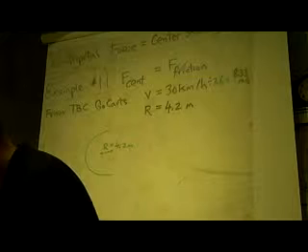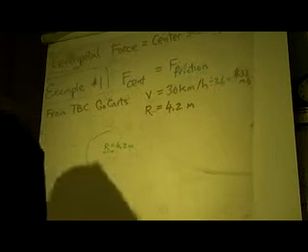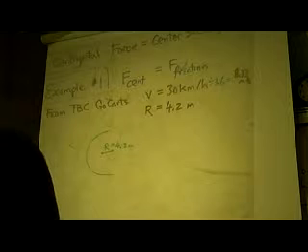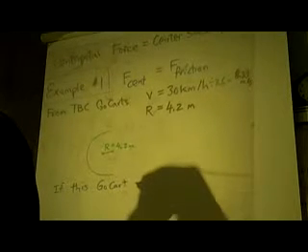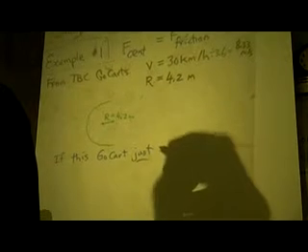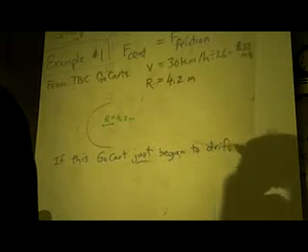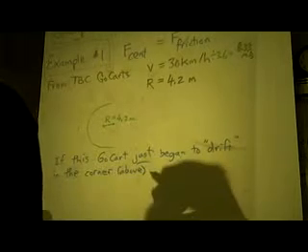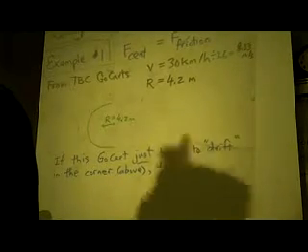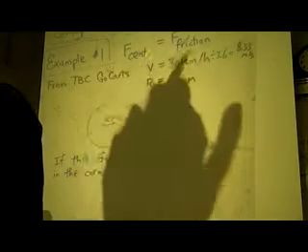So the question would be, or could be, if this go-kart just began to drift in the corner above, this corner right here, then the friction force is equal to the centripetal force.